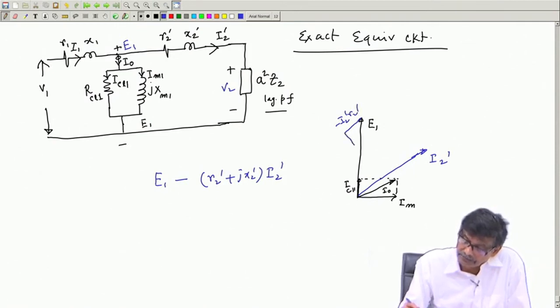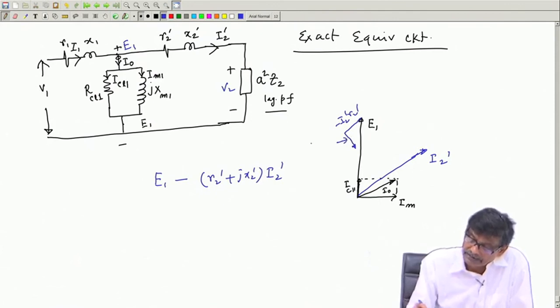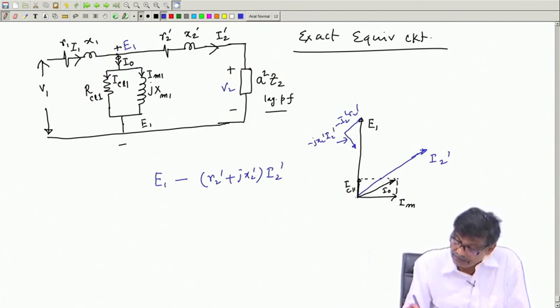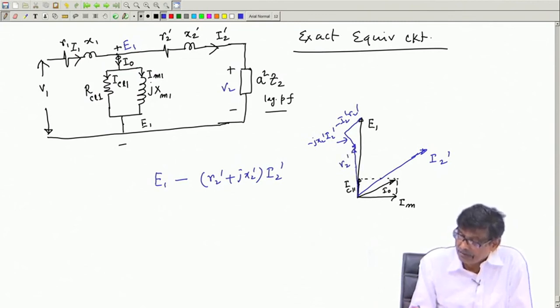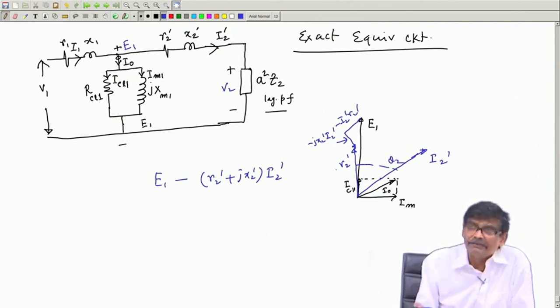So, subtract that, and this will be your V 2. Then this angle will be your power factor angle. This is the load power factor angle, whatever it is.